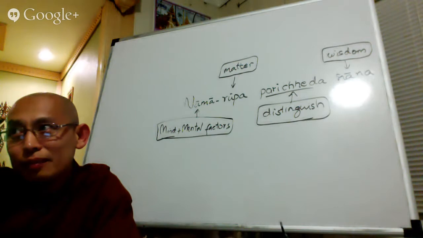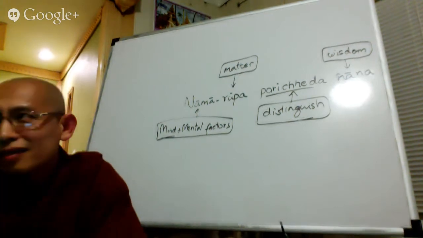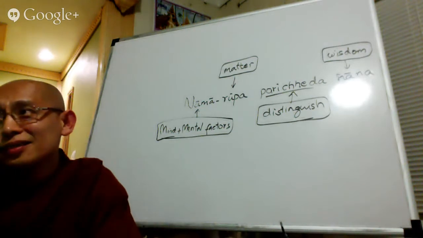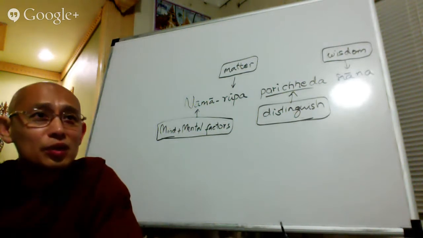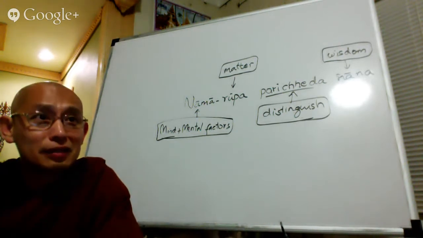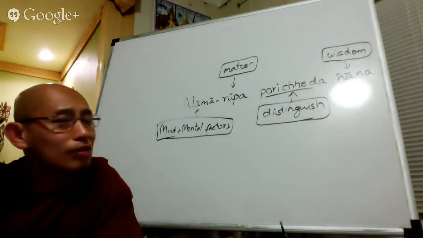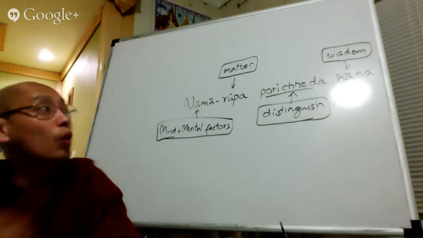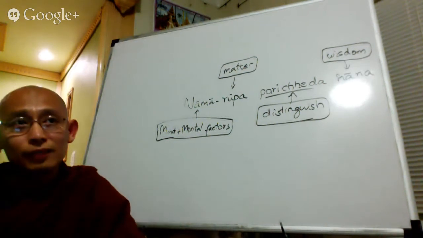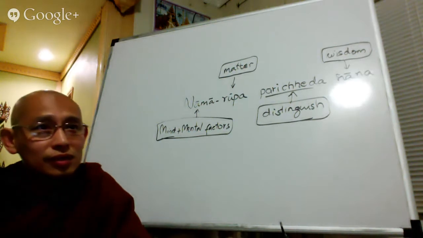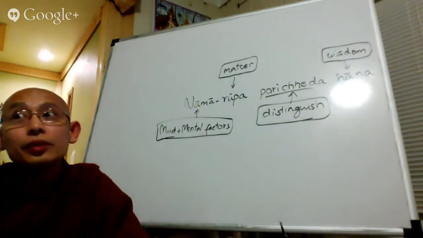Maybe this is not knowledge. This is not wisdom. This is a special, strong vitakka. We don't call it knowledge. Knowledge is only wholesome. Knowledge is only beautiful, not unwholesome. So we need to understand like this.